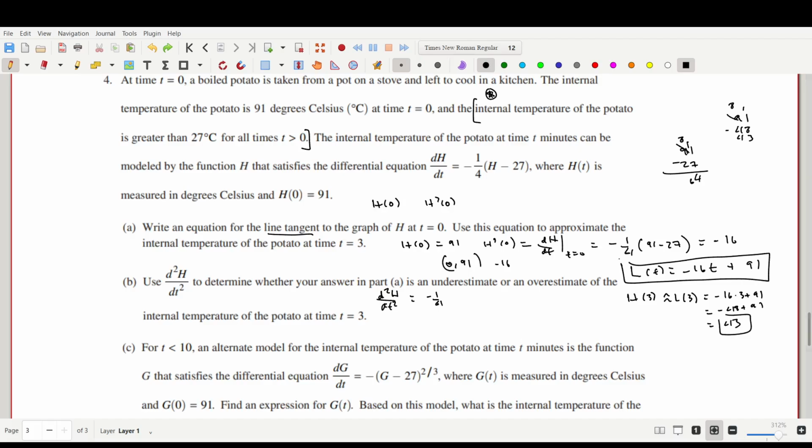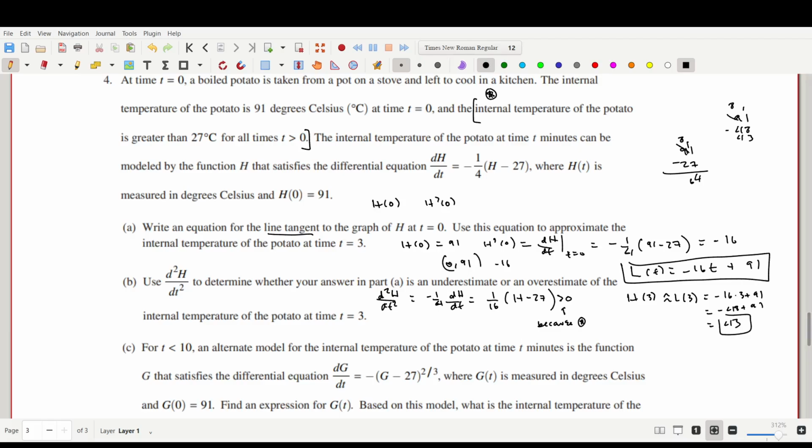It's not just 1. So you get dh/dt here, and you want to plug that back in, so you get 1/16 times h minus 27. Now, I do know that this is positive always. Why? Because of star up here. The internal temperature of the potato, h, is greater than 27. I might say that because star.